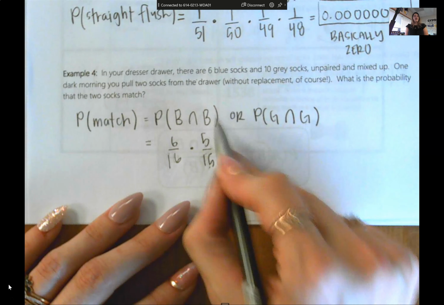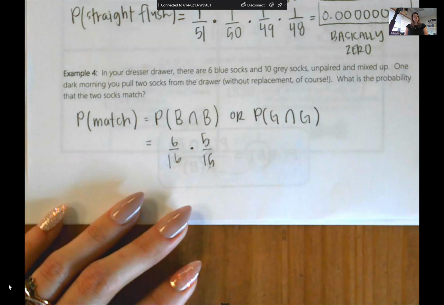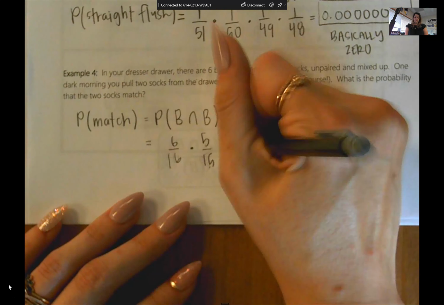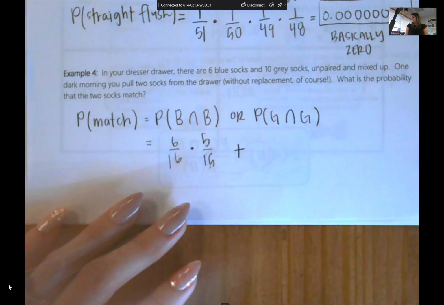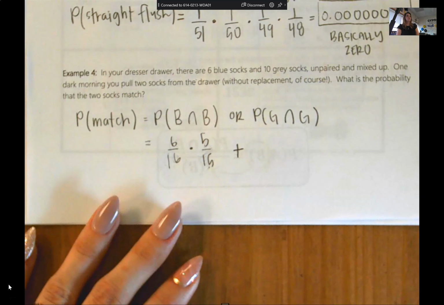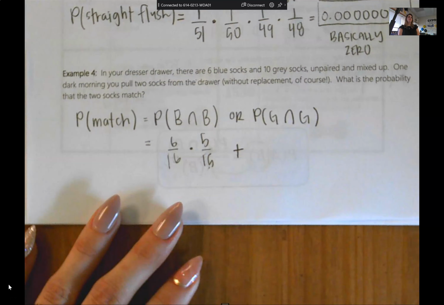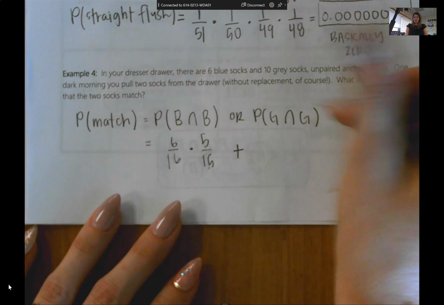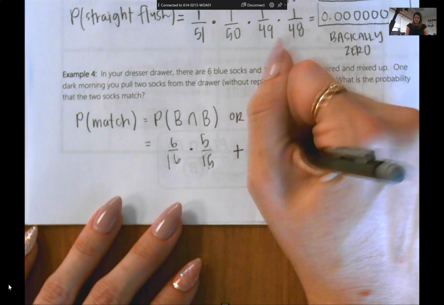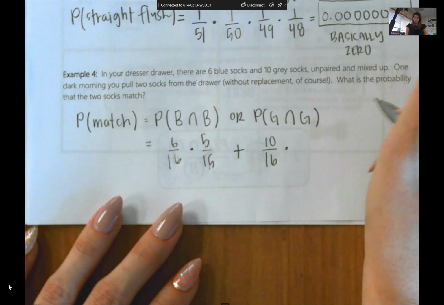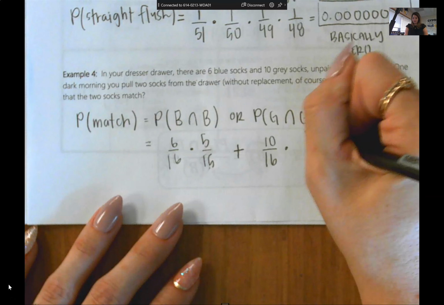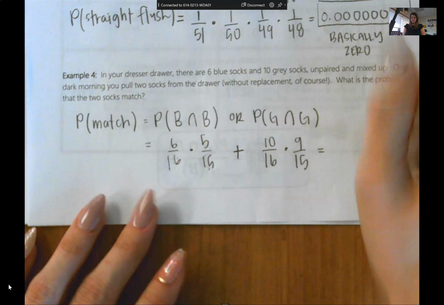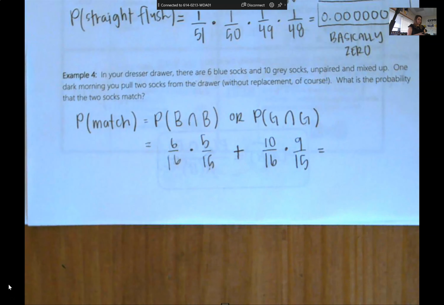What do we do when we have an or? We add them. This is from your sample space lesson. When you're finding an or probability, you add. Probability that you pull a gray sock is 10 out of 16. Probability that you pull the second gray sock is 9 out of 15. So what's that one?